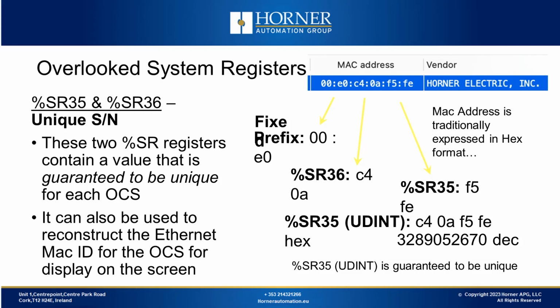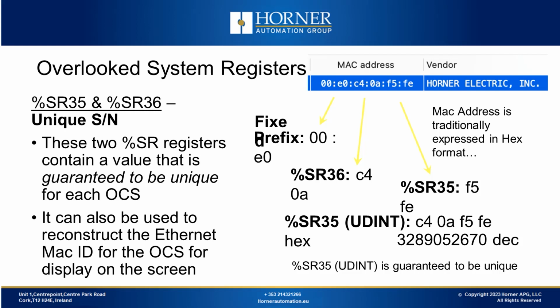By examining %SR35 as an unsigned double integer, you get 32 bits of uniqueness, whether displayed in hex or decimal. These registers are valuable for various purposes, such as verifying the machine's serial number against a target to prevent unauthorized duplication.